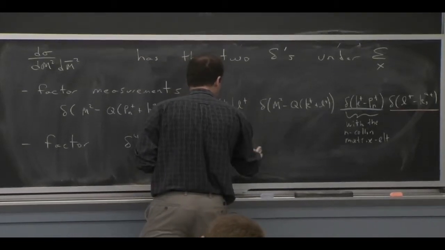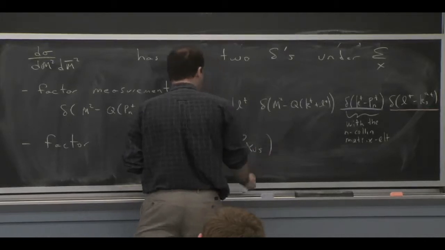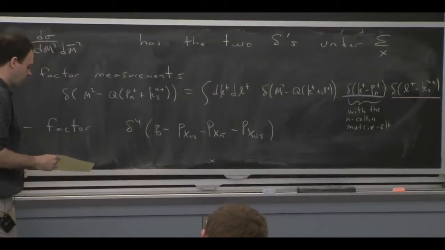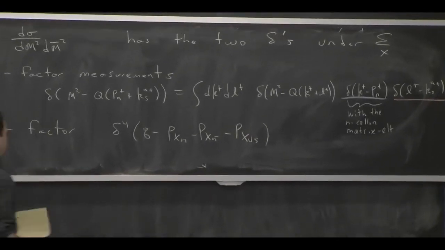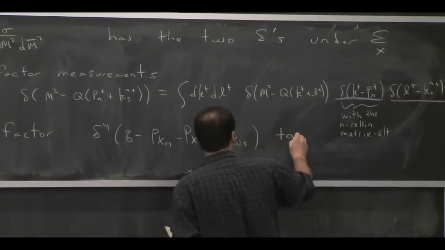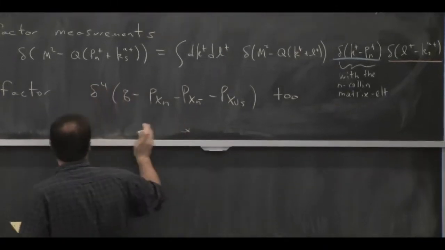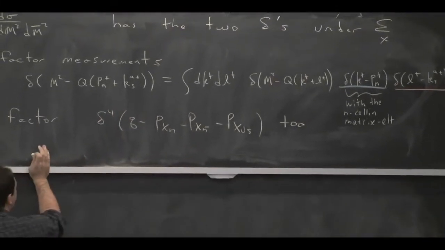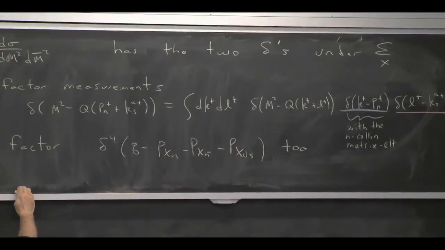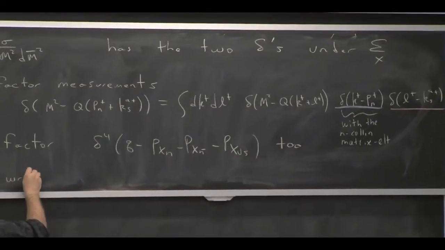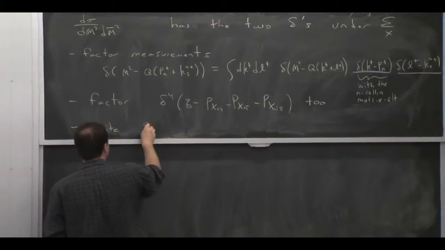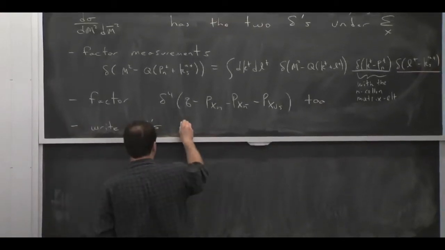Besides just being a little bit tedious, it's not really any more difficult. Maybe a little more difficult. So we factor that guy too. And then there's one other trick that we want to do, which is useful. And that is that we can write some deltas in Fourier space.